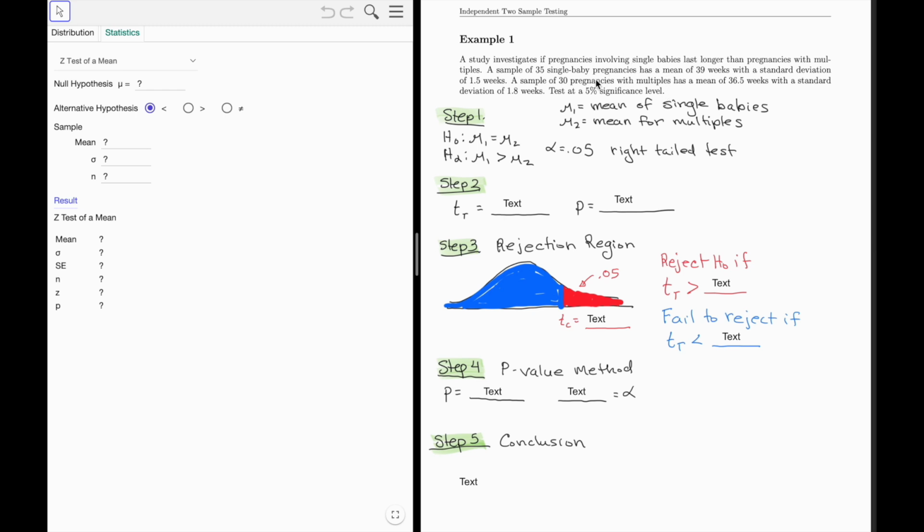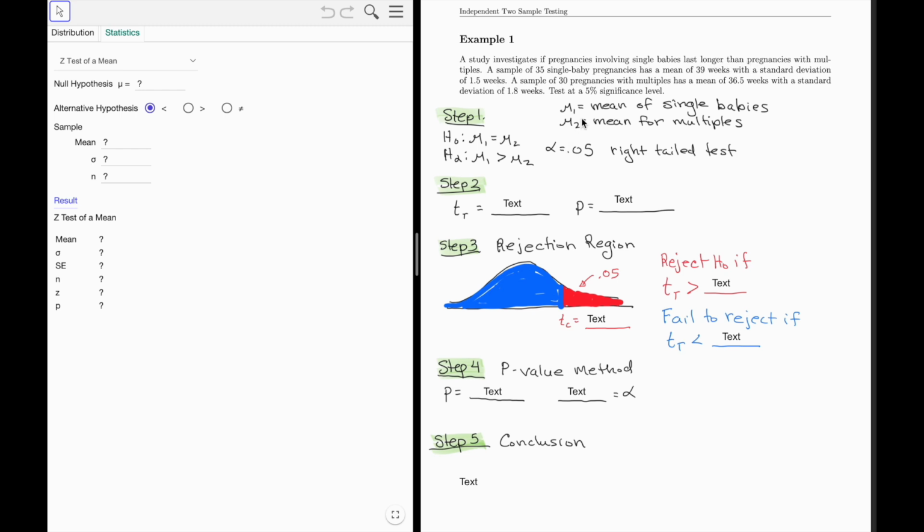So when I read this, I see that we're talking about 2 populations, pregnancies that involve single babies and pregnancies with multiple babies. So we're going to let mu1 be the mean of the population for the single babies, and we're going to let mu2 be the mean for the multiples. So looking back at the first sentence, we have a study investigates if pregnancies involving single babies last longer than pregnancies with multiples.